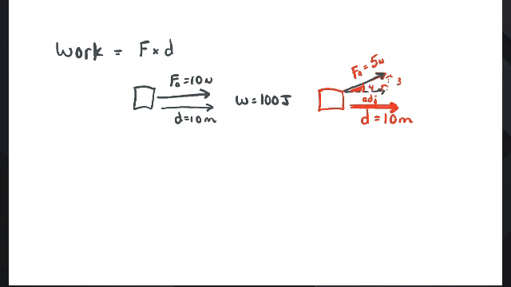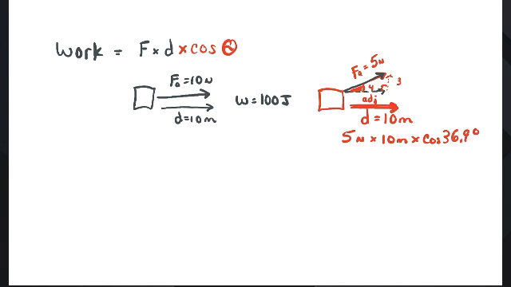So our force, once we calculate this, we would have to put in here times cosine theta. In the working out of our problem, you'd have 5 newtons times our distance of 10 meters times cosine of our angle. To get that value, we take the inverse cosine, which gives 36.9 degrees.